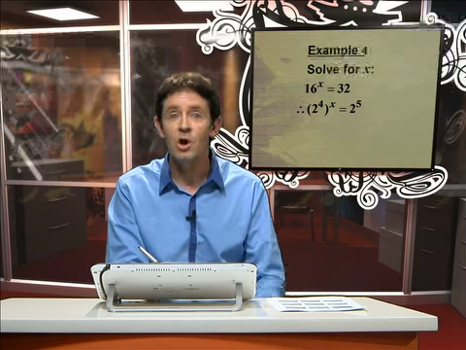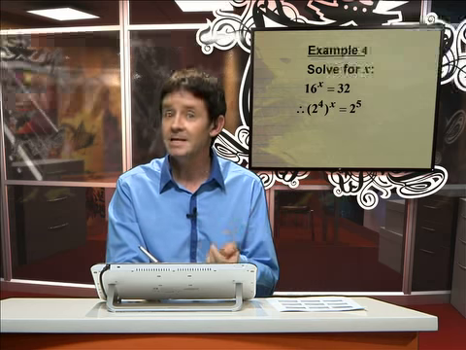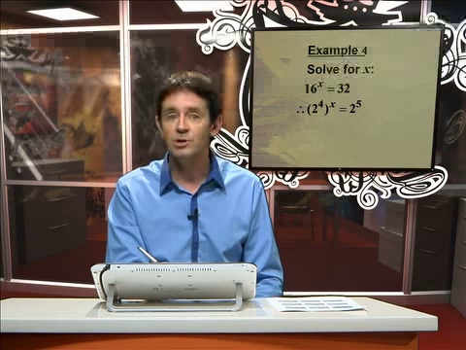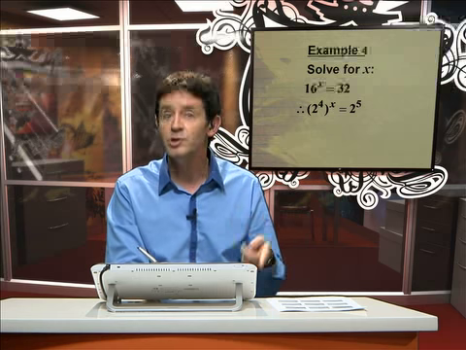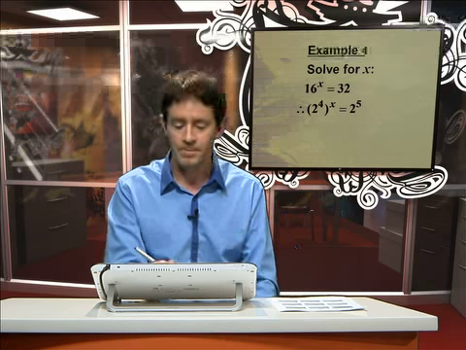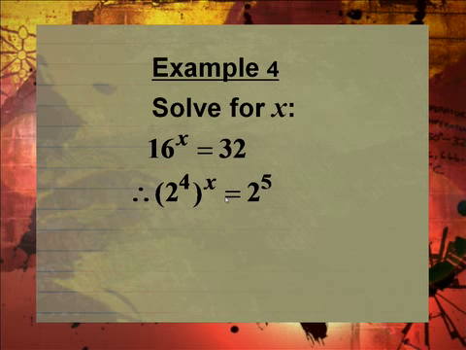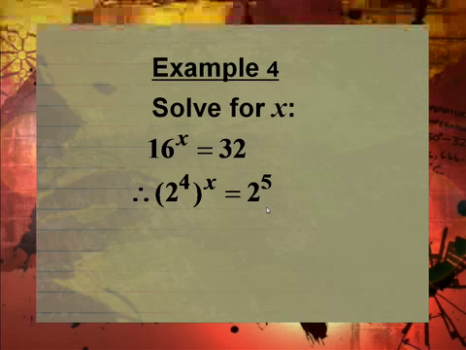What about 32? Well, 16 times 2 gives me 32. So if you think of it as 2 times 2 times 2 times 2 times 2, that's 2 to the 5. Now the bases are pretty much the same, but we need to sort this out a bit. Remember from earlier years, when the exponents are like that, you need to multiply. So 4 times x is 4x.